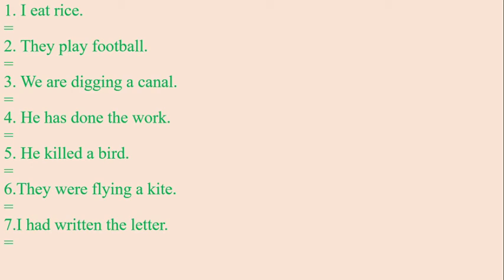The passive sentence is a kite was being flown by them. Past continuous tense is used here. Read number 7. I had written the letter. The letter had been written by me is the passive form of this assertive sentence.